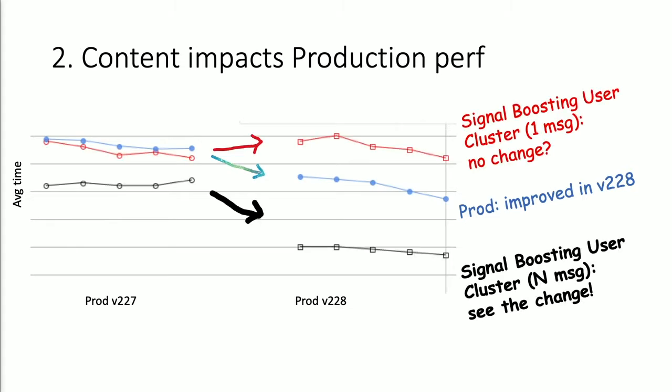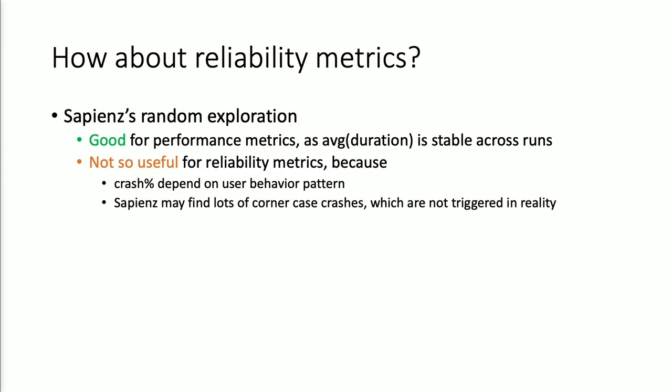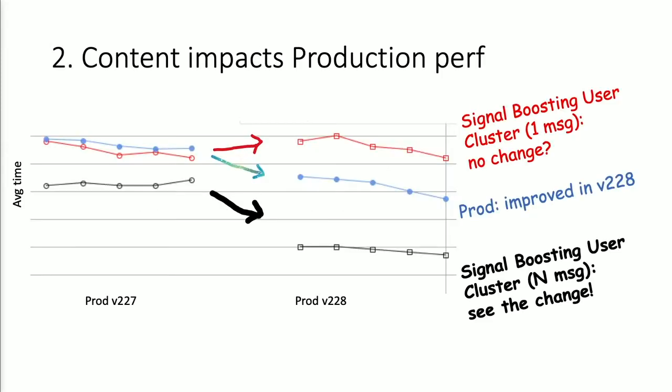So we check the different user clusters. If you look at the cluster with one message, there's almost no change, the red line. And when we look at the cluster with n messages, there's an actual improvement. This suggests that, first, if your test user setup only has one message sent, you'll never catch real changes in production.